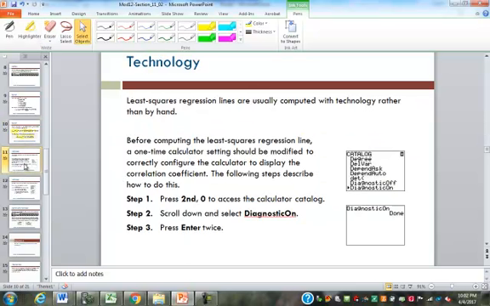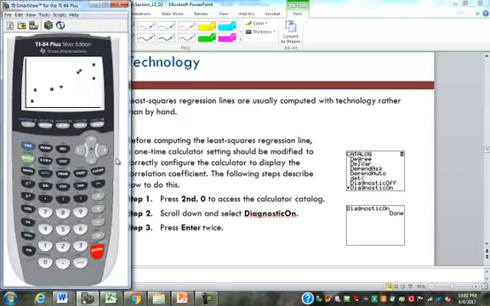Now if I want to do this on the calculator, first thing we have to do is hit the catalog button down here. So second and catalog. We've got to arrow down to diagnostics.